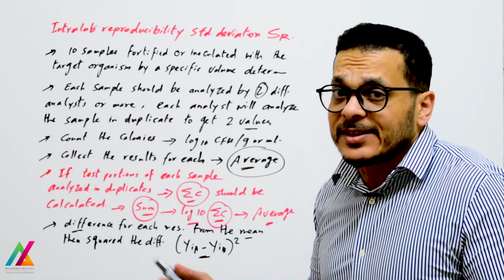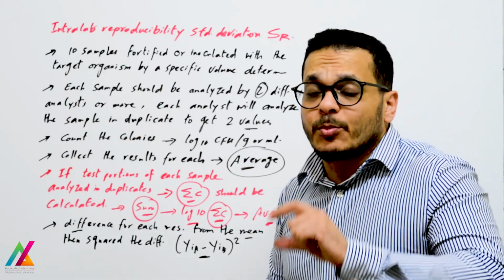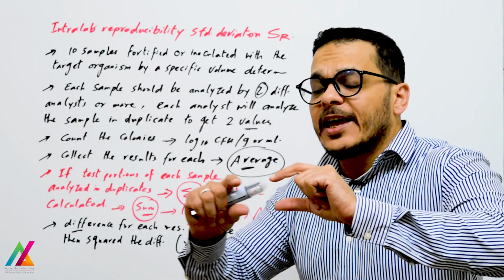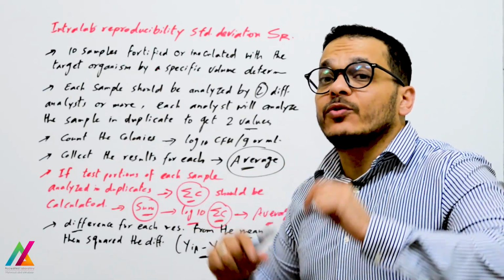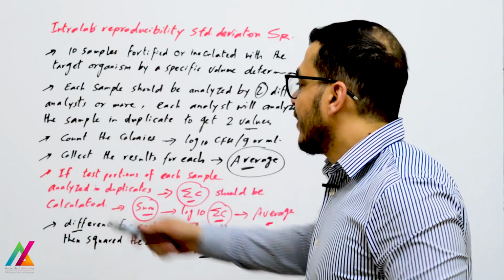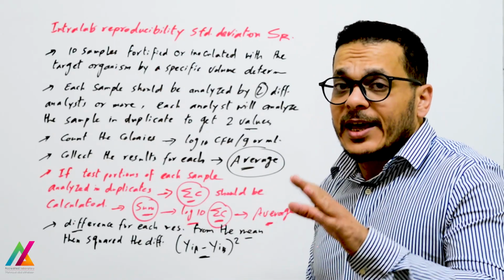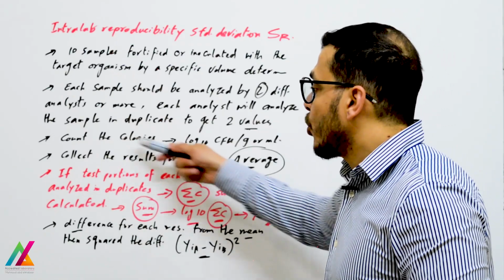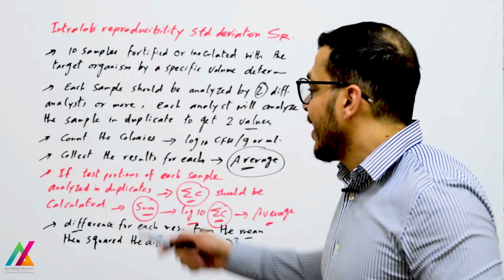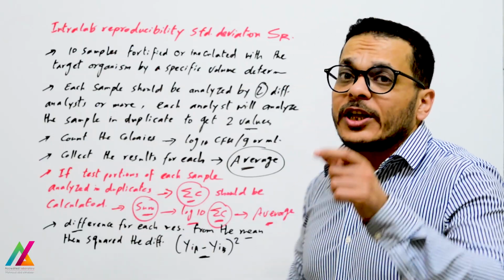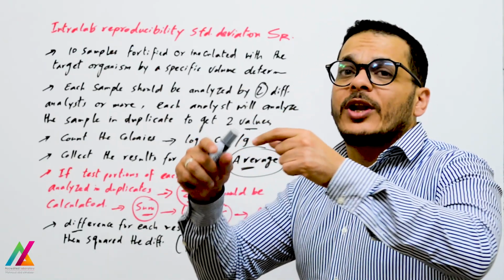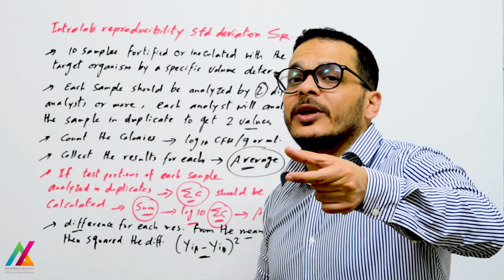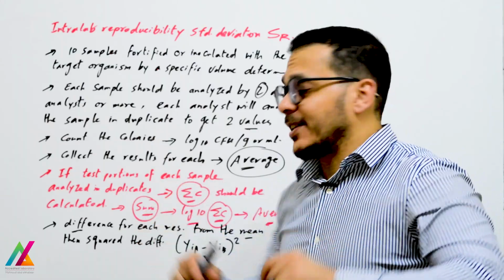Then collect the results for each test portion. For each sample you have 2 test portions, and you will calculate the average for each sample. You will see this when we calculate using an Excel sheet. If the test portions of each sample are analyzed in duplicate, so each analyst will have 2 test portions, and each test portion will be analyzed in duplicate, so he will have 4 results.